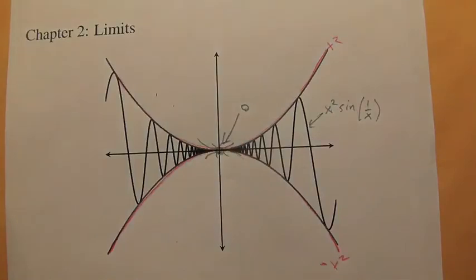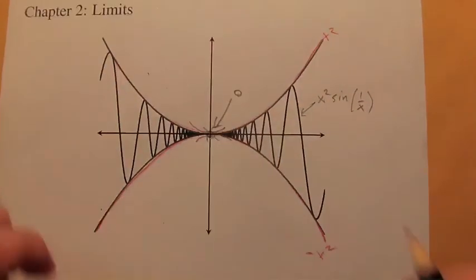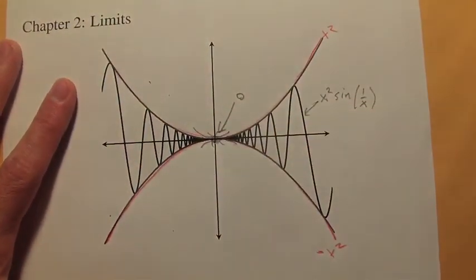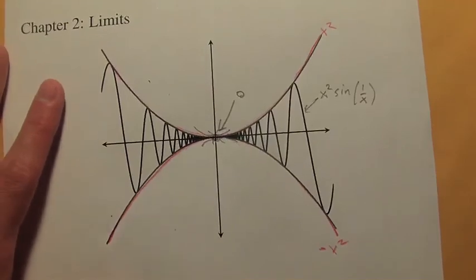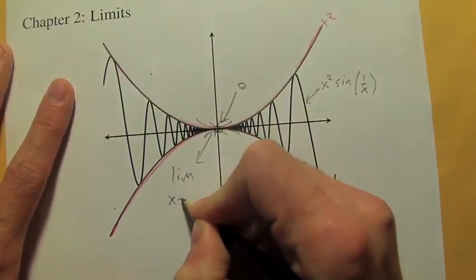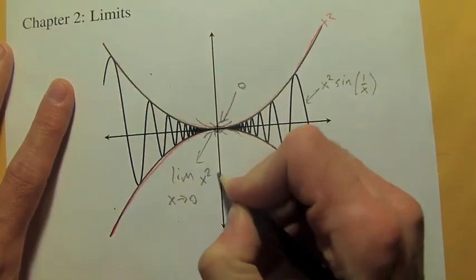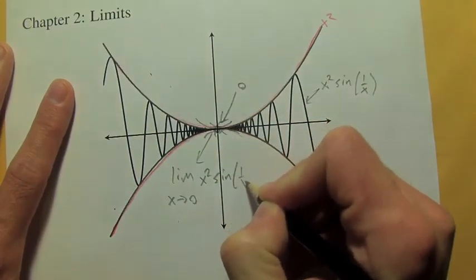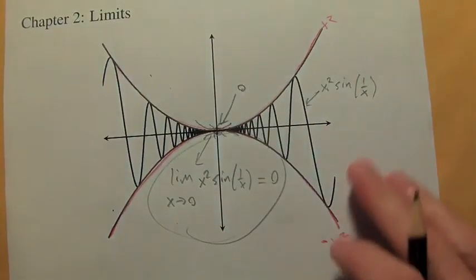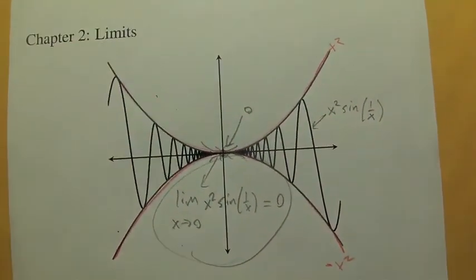And that's what the limit as x goes to 0 is asking us about. We can see graphically that the limit of all three of these functions as x goes to 0 is 0. But specifically, what this tells us is that the limit as x goes to 0 of x squared sine of 1 over x is 0. So that, ladies and gentlemen, is the squeeze theorem in a nutshell.